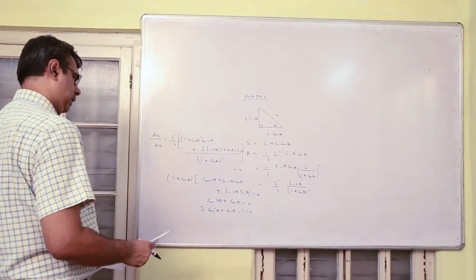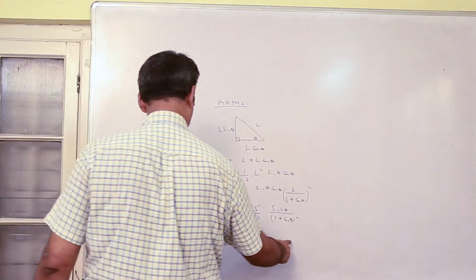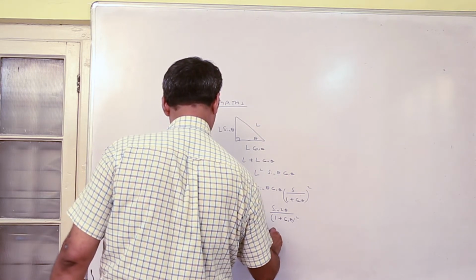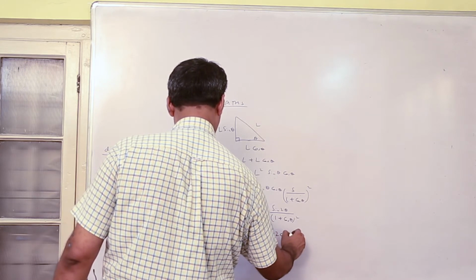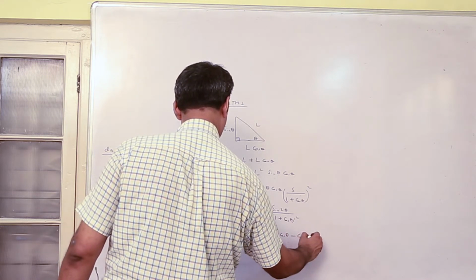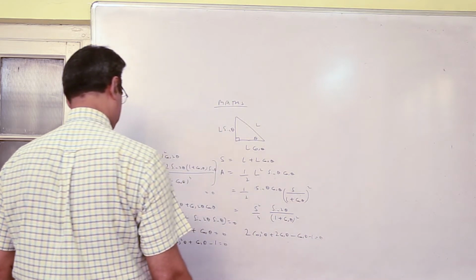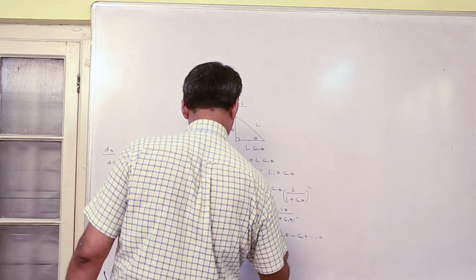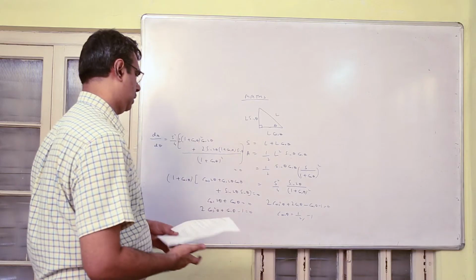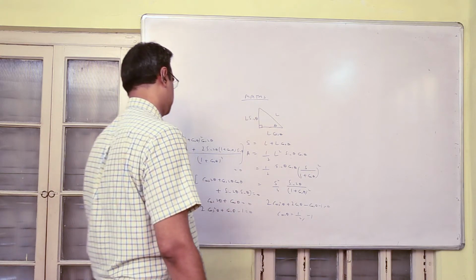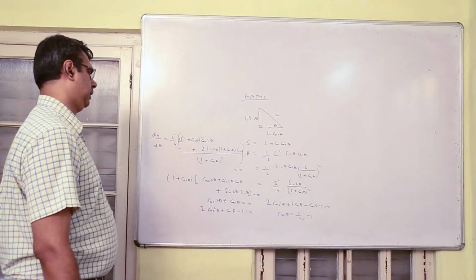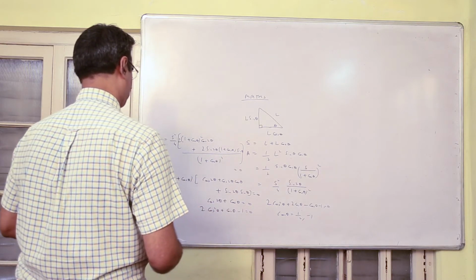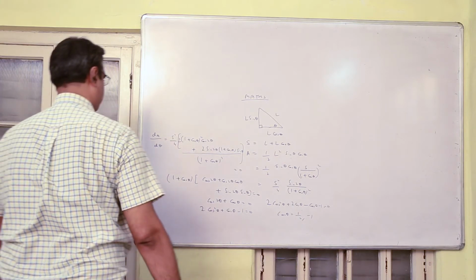So 2 cos square theta plus cos theta minus 1 is 0. So cos theta is either half or minus 1. So we got derivative of area with respect to theta 0 when cos theta is either half or minus 1.